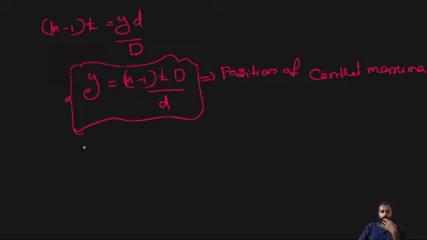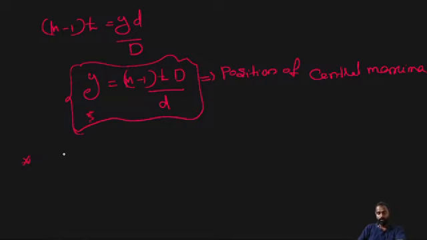Then I want to point out something. What will be the position of the coming first bright, second dark, first dark, etc.? Nothing will change in the position of other bands. Okay, sorry, it will change by an amount of this.